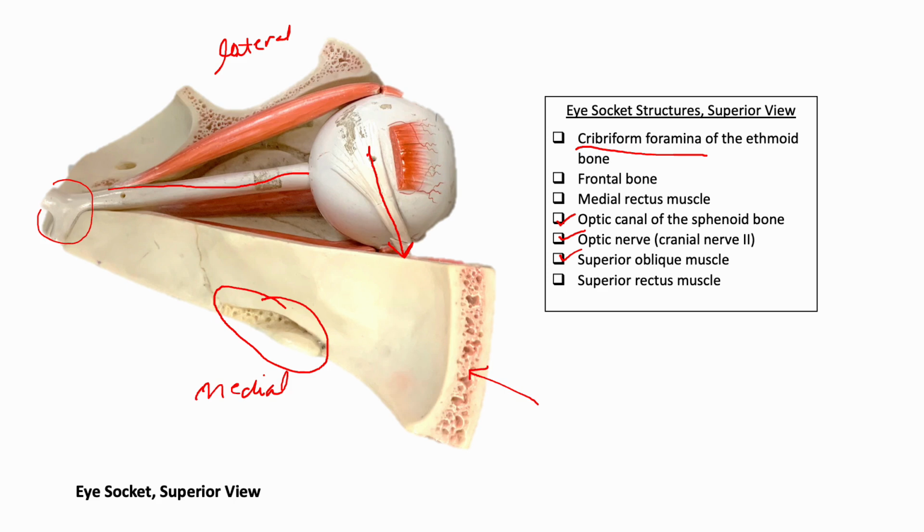So if this is medial, right, then I'm looking for this muscle right here that I don't see very well, but I can see a little bit of that medial rectus muscle. Now, the lateral rectus muscle is much easier for me to see, right, on the lateral side. And I believe that that is all we need to identify of these structures.